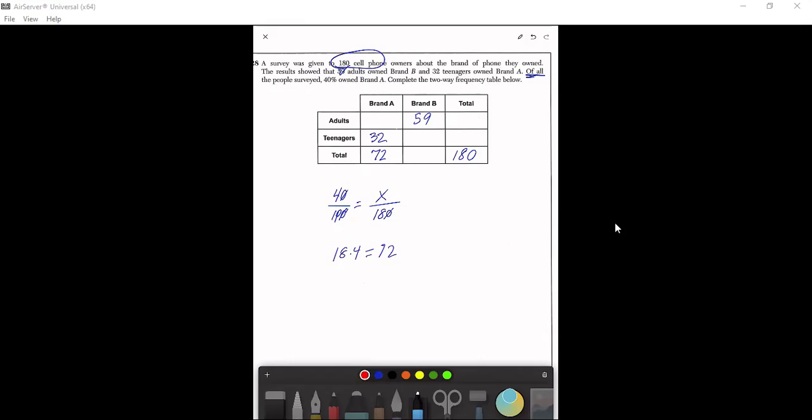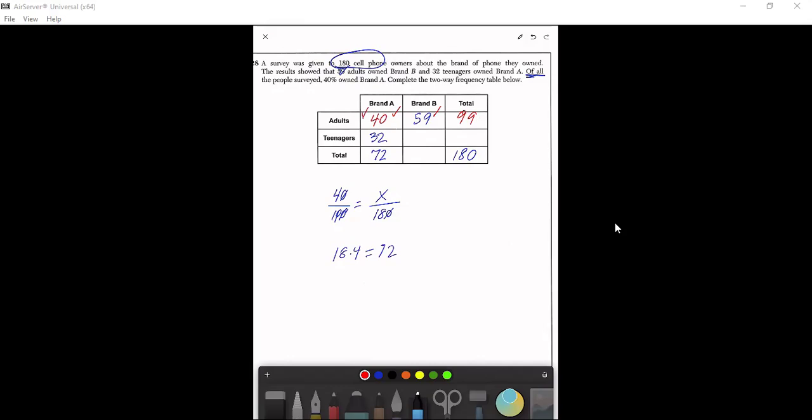Now what we're going to do is just go through and figure out what's left. So if there were 32 teenagers who owned brand A and a total of 72, that means that there must have been 40 adults who own brand A. Now that I've got this, I know that if there's 40 adults that own brand A and 59 that own brand B, that means there are 99 adults that own both types of phones.